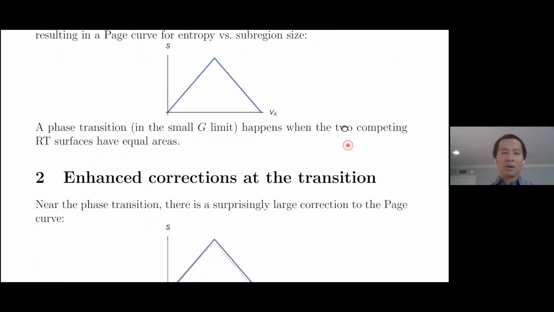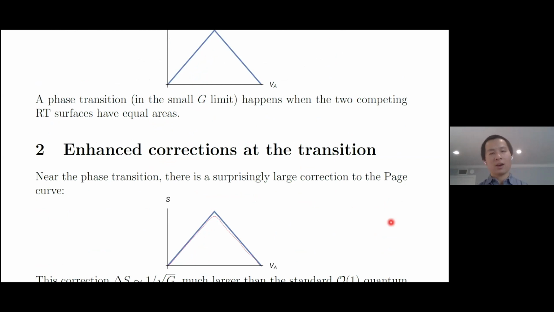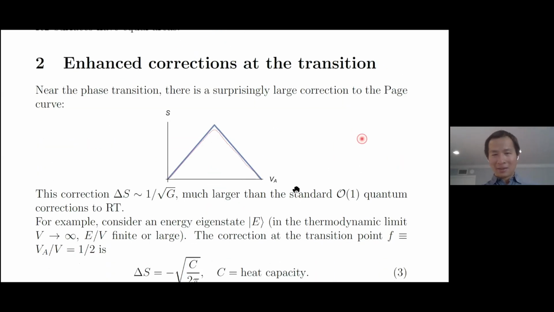And now, near the phase transition, it turns out that there is a surprisingly large correction to the Page curve. I don't know if everyone can see, because I'm not really good at making such a plot, so I simply hand drew a very thin red curve underneath the previous Page curve.